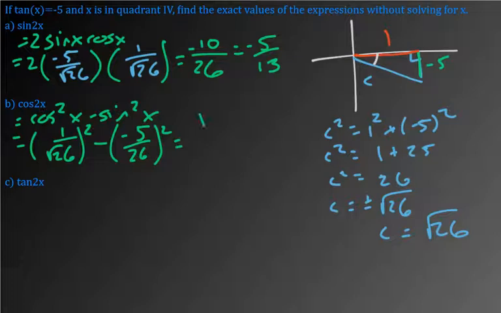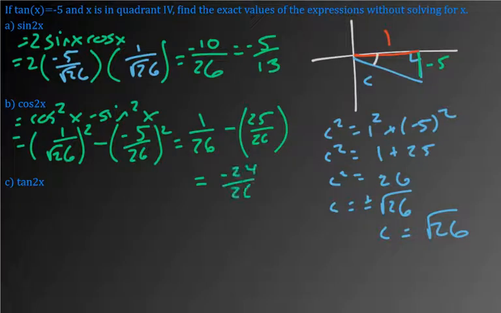So that's 1 over 26 minus 25 over 26, and 1 minus 25 is -24 over 26. That would also simplify to -12 over 13 if you want.